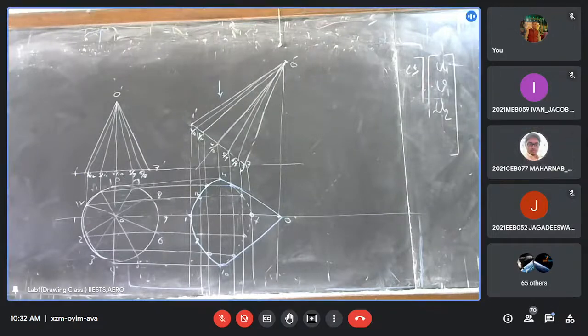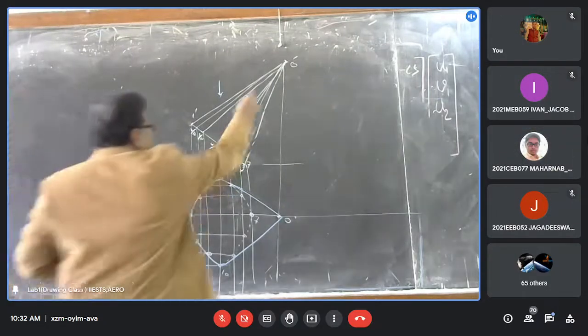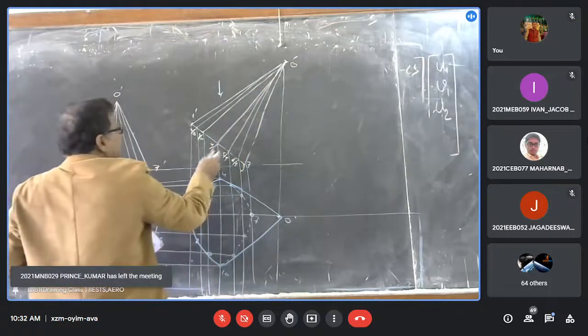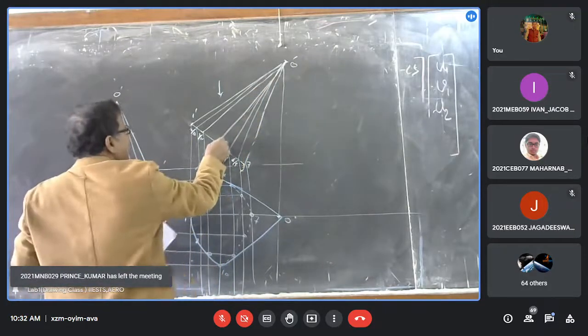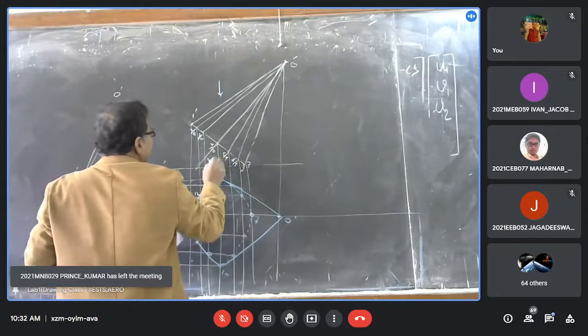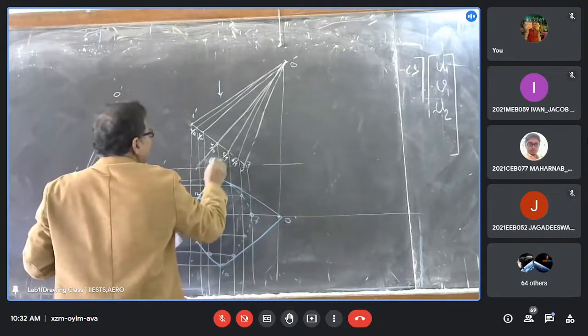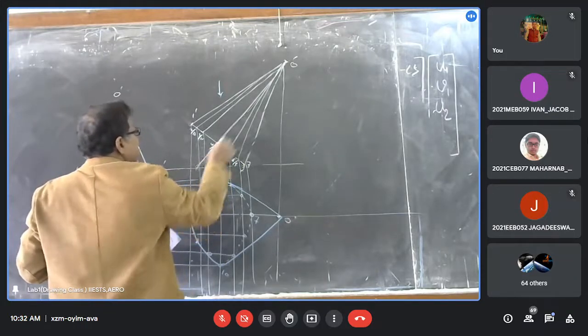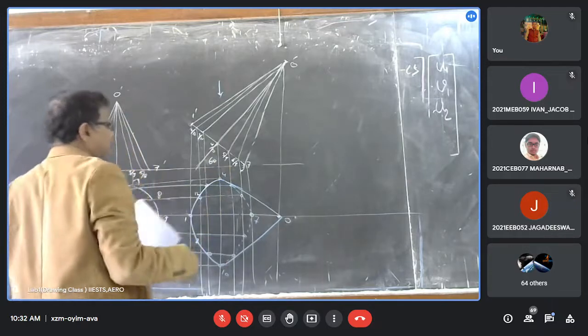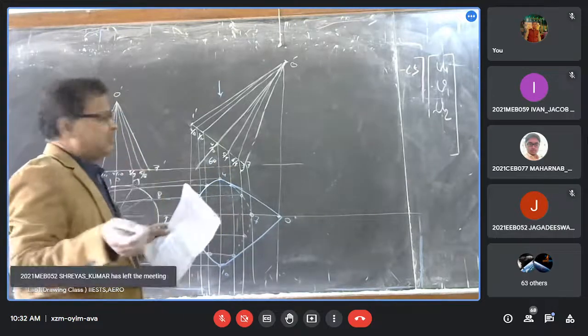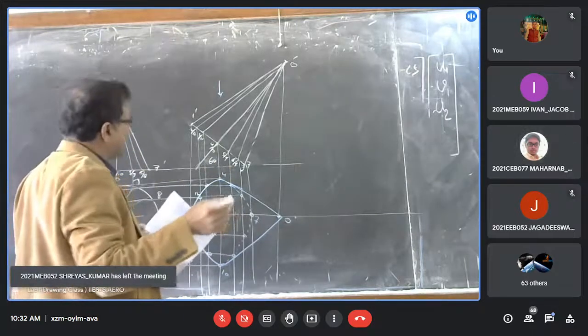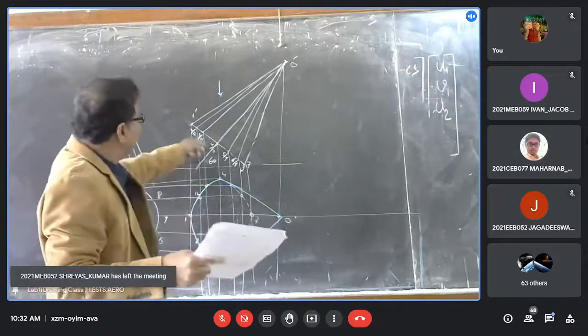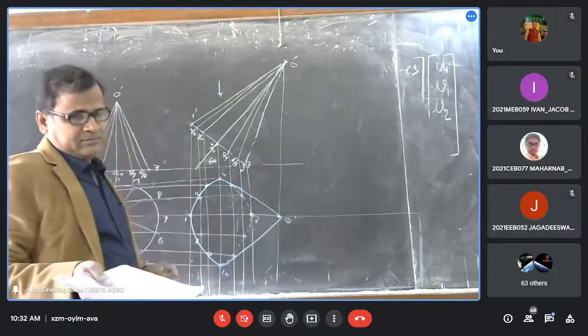plane. Now the axis is making 30 degrees, but I am just taking 60 degrees, sorry, it is already 60 degrees. But it is telling 45 degrees with the vertical plane.